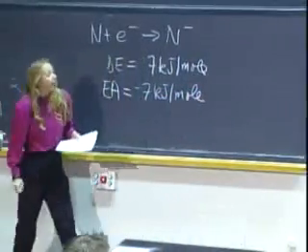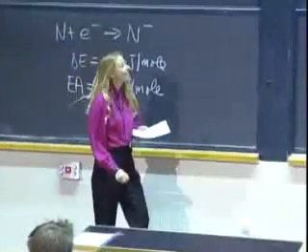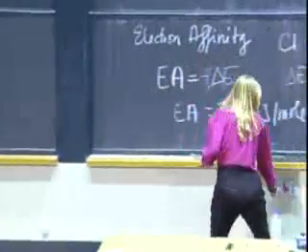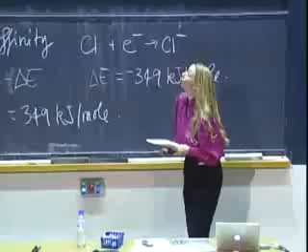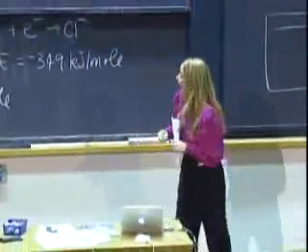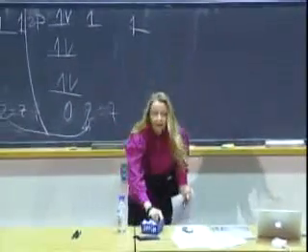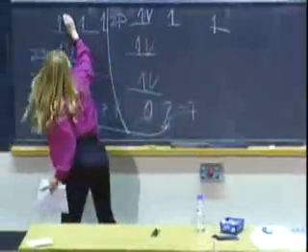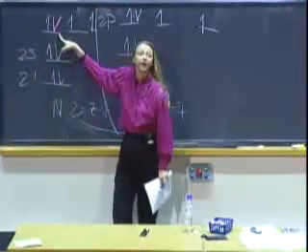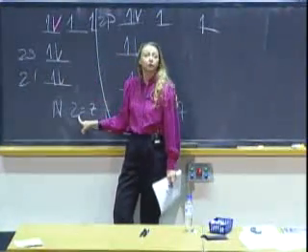All right? And again, you can understand that in terms of the electron configuration for the nitrogen. Here is the electron configuration for nitrogen. If you want to add in another electron, like right there, there's a repulsive interaction, and Z equals 7.